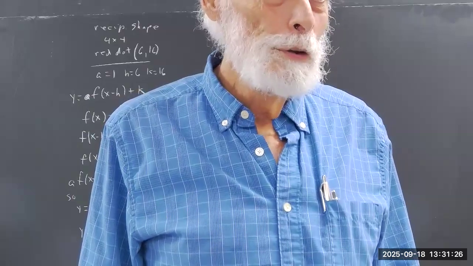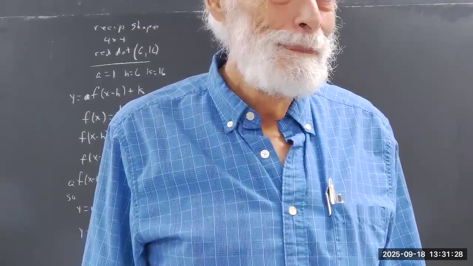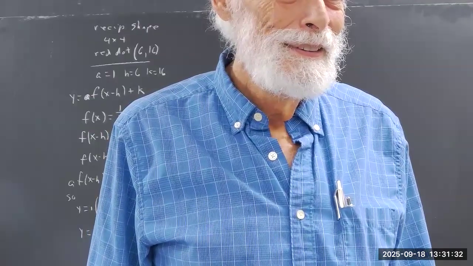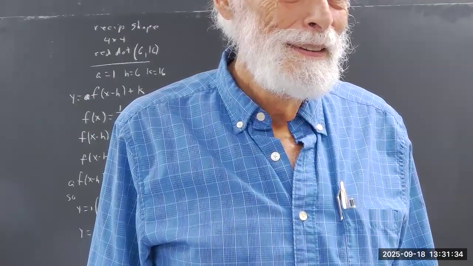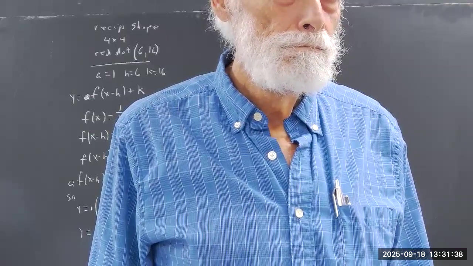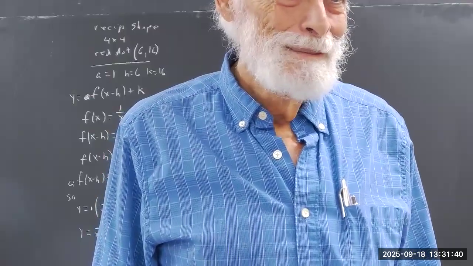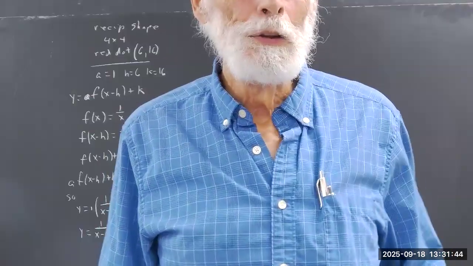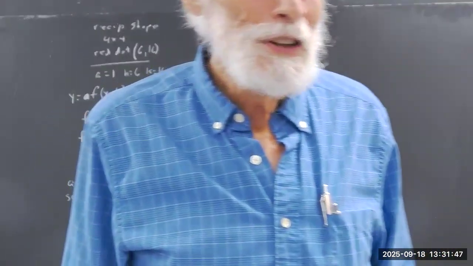Which one? 1, 2, or 3? Doesn't matter. Hold up some. Okay, 2. Okay, 2s have it. It's tied between 2s and 3s. And there's one vote for 1.